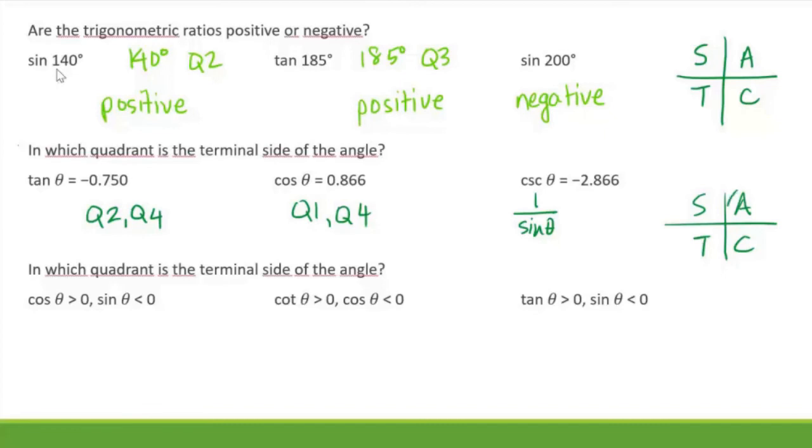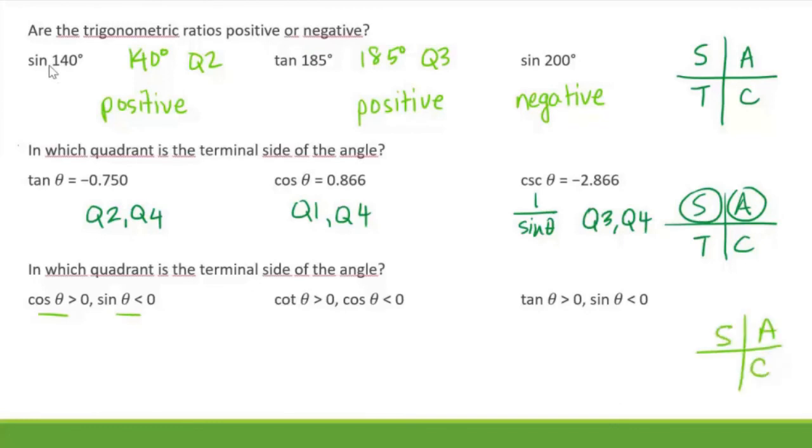Well, the sine of the angle will be positive in quadrant 1 and quadrant 2, so it will be negative in quadrant 3 and in quadrant 4. Notice that when we have one piece of information, as we do in this question, we will always have two solutions. And finally, in this example, we're looking at two pieces of information, so that will help us narrow down the answer to a single quadrant.